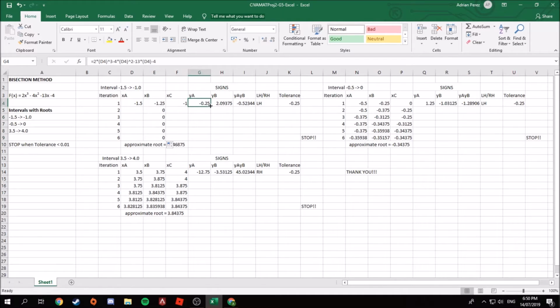So back to the first iteration. Let us first drop down the formula for each cell.